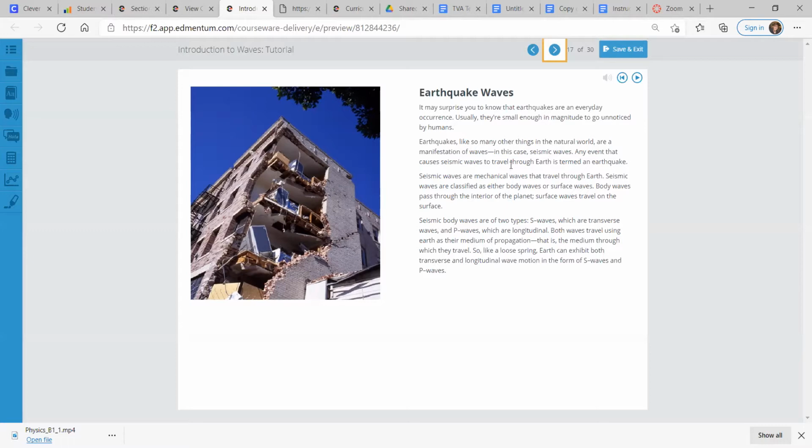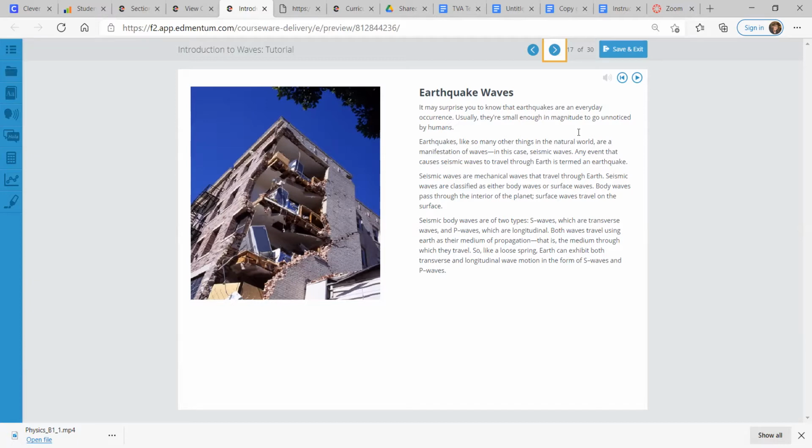And these waves are called seismic waves. Any event that causes seismic waves to travel through Earth is termed an earthquake. Seismic waves are mechanical waves that travel through Earth. And they're classified as either body waves or surface waves.